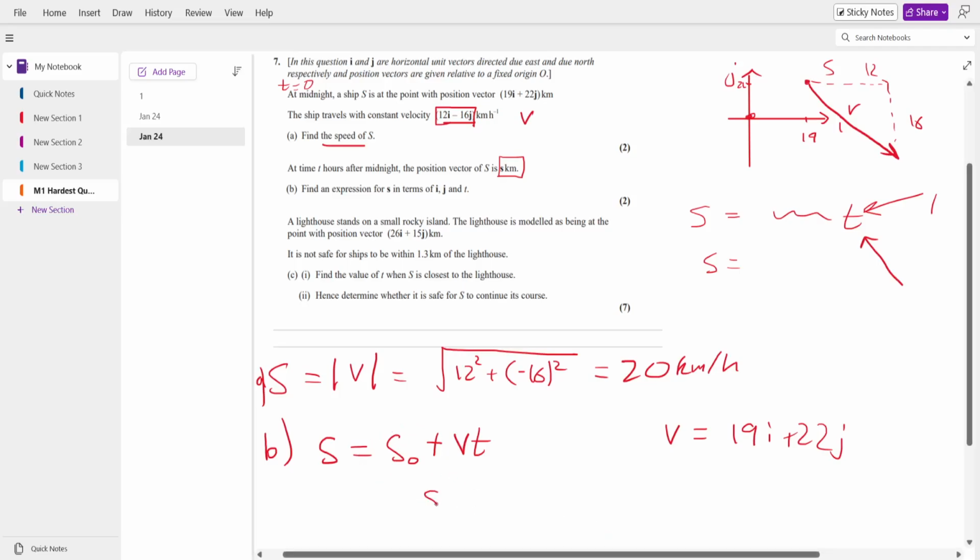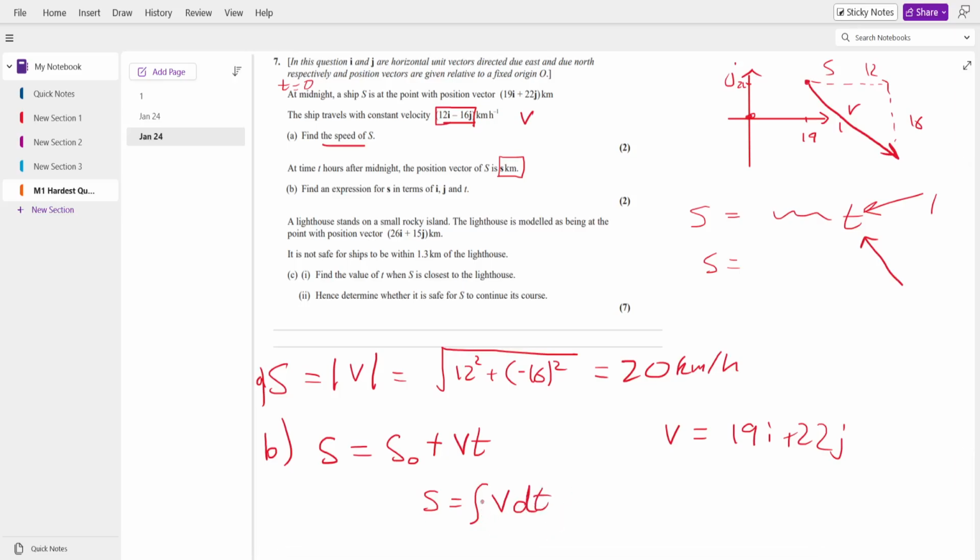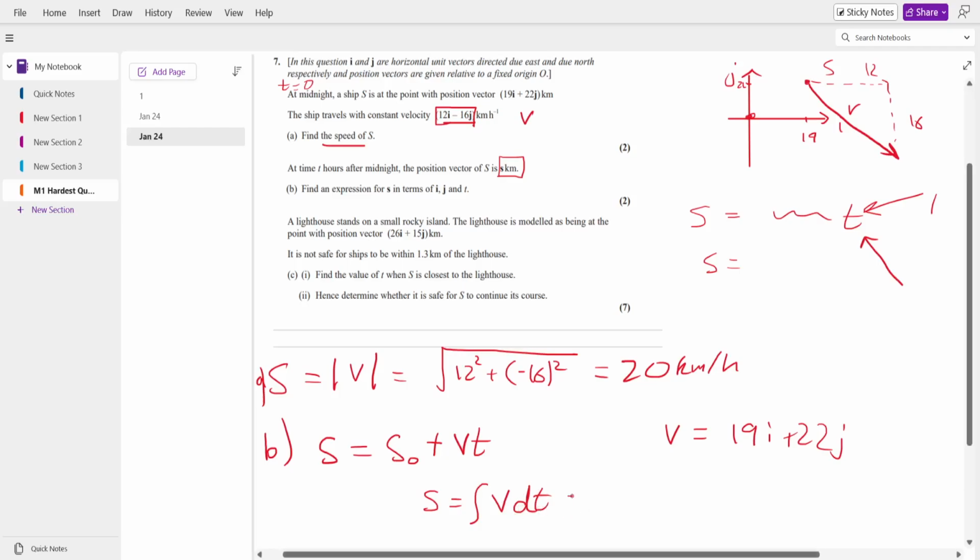And I know that displacement is basically the integration of velocity with respect to time. So if I try to integrate this, I will have v, which is a constant, integrated with respect to t, which will basically be vt. And then I will need to have the constant of integration plus c.